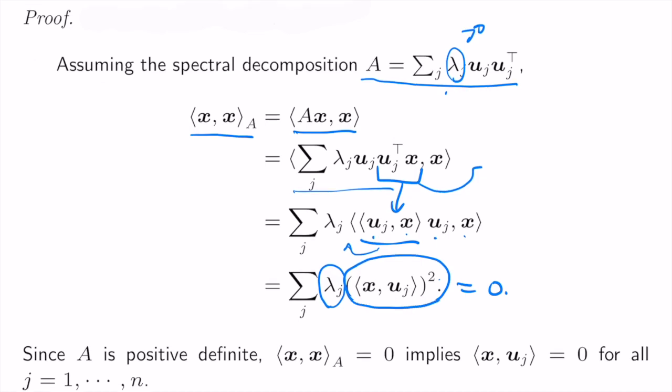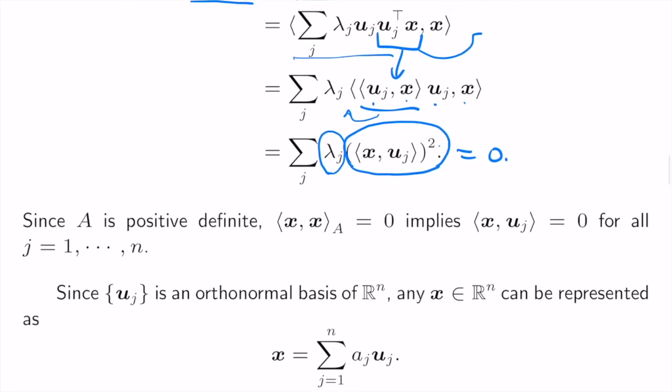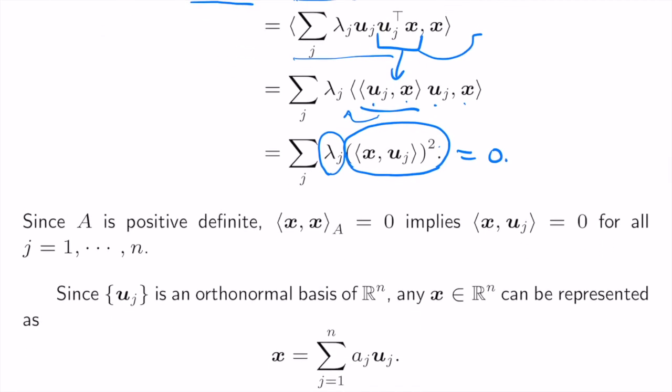So the inner product between x and uj is equal to 0 for all uj's. Now, since the set of eigenvectors is an orthonormal basis of the vector space, any vector x can be represented as a linear combination of these eigenvectors, like this.